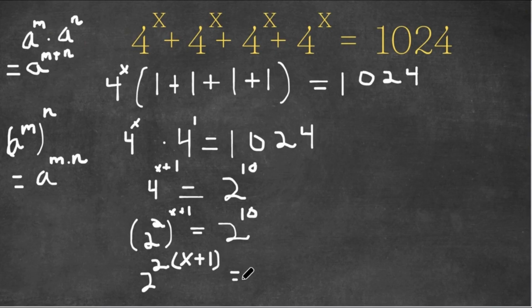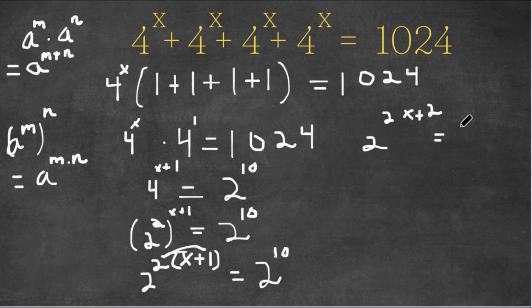And this is still equal to 2 to the power of 10. Now, we're going to have to distribute this 2 to all the terms in our parentheses. So 2 times x is 2x, and 2 times 1 is 2. So we have 2 to the power of 2x plus 2, and this is still equal to 2 to the power of 10.